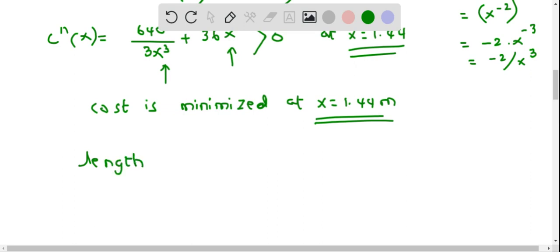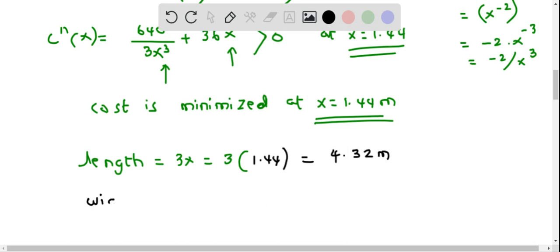Therefore the length equals 3 times x, and this gives 3 times 1.44 meters, which is equivalent to 4.32 meter. The width of the box is itself x, so the width equals x and this equals 1.44 meter.